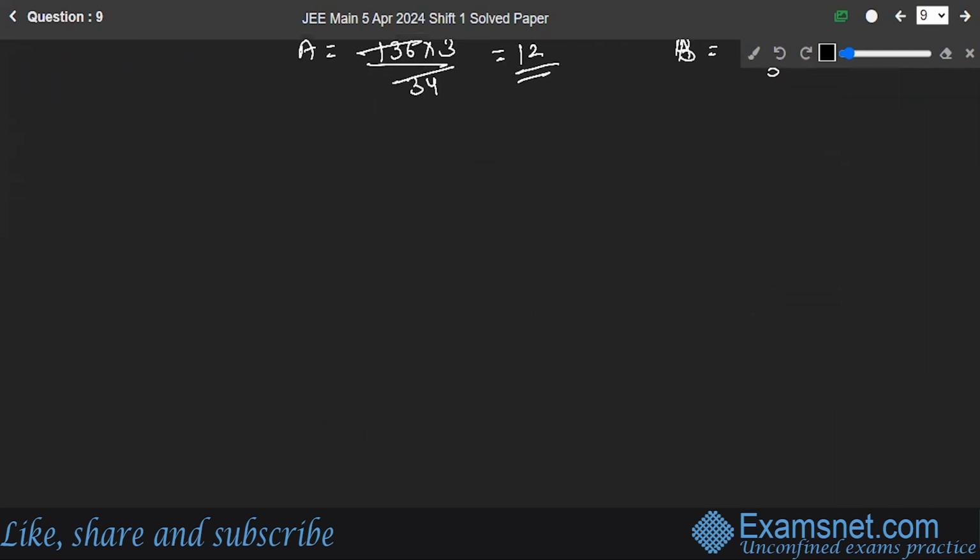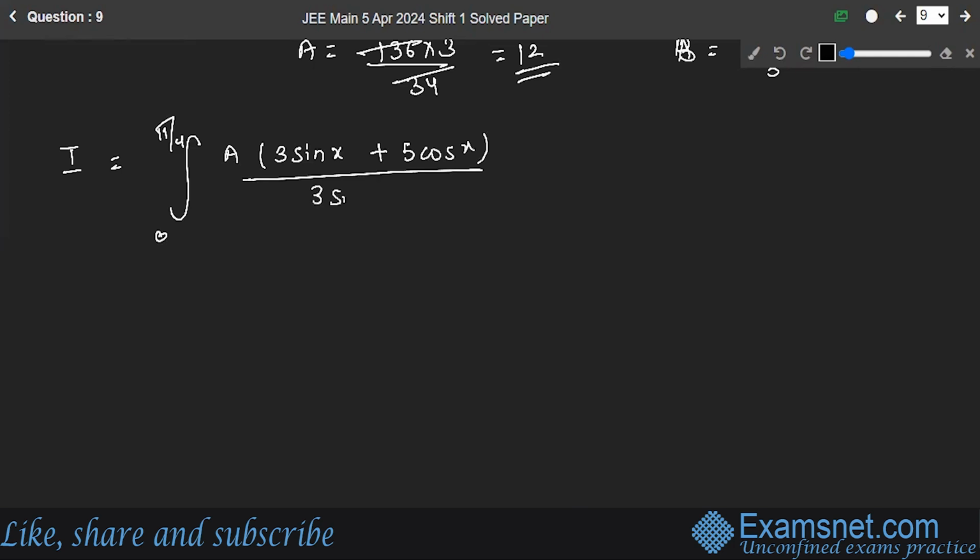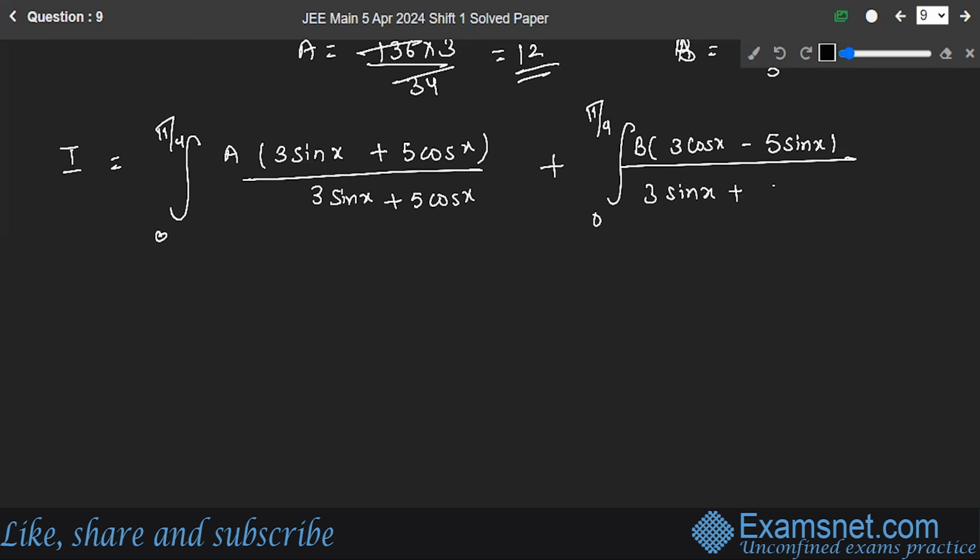This integral now can be written as the limit 0 to pi by 4, a (3 sin x + 5 cos x) divided by (3 sin x + 5 cos x), plus the limit 0 to pi by 4, b (3 cos x - 5 sin x) divided by (3 sin x + 5 cos x) dx.